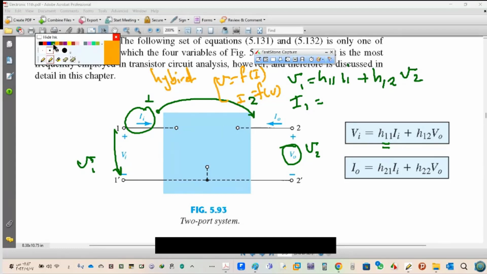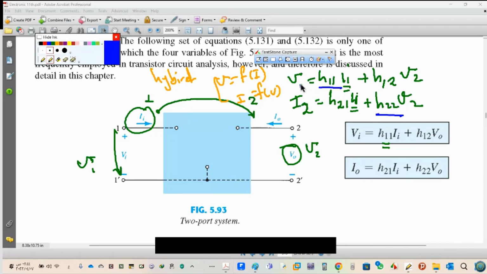Continue. It is I2 equals h21 I1, same parameter here, plus h22 V2. Here we have two. Let's study these parameters, h11 and h22. h11 is the self parameter for input, h22 is the self parameter for output.